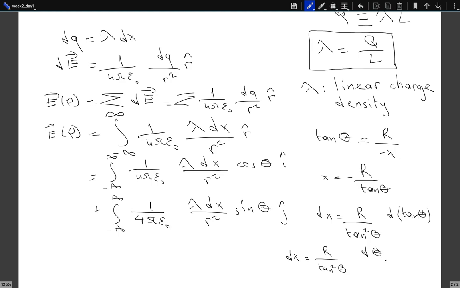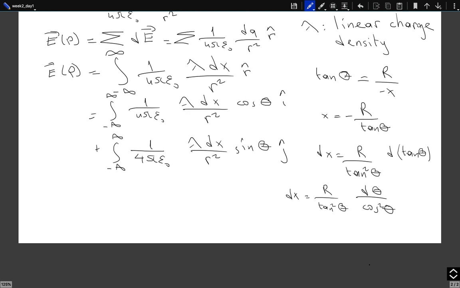It is d theta over cosine squared theta. Or dx just becomes r over sine squared theta times d theta. Okay, one thing done, dx is done.